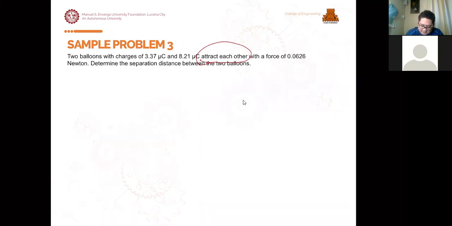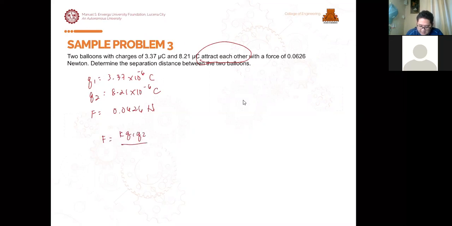So, given, Q1 is equal to 3.37. Convert to coulombs. Q2 is 8.21 times 10 to the negative 6 coulombs. Then our force is 0.0626 Newton. Okay? So, basically, we just derive the formula in terms of the radius.